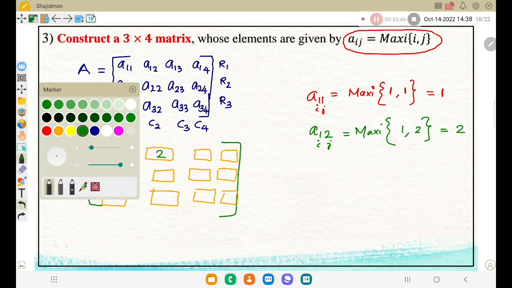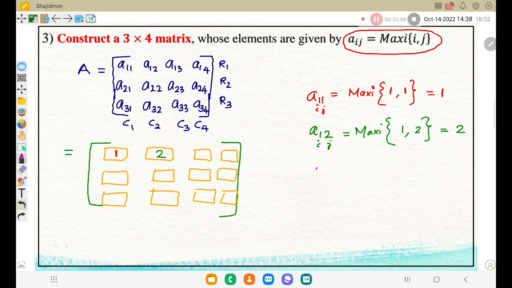So the other numbers also you can do fast. A13 for example, maximum of 1 comma 3, correct? So which is the bigger number? 3. So we can write here 3. A14 means 4 is the bigger number. A21 means 2 is the bigger number. A22, 2. A23, 3 is the bigger.